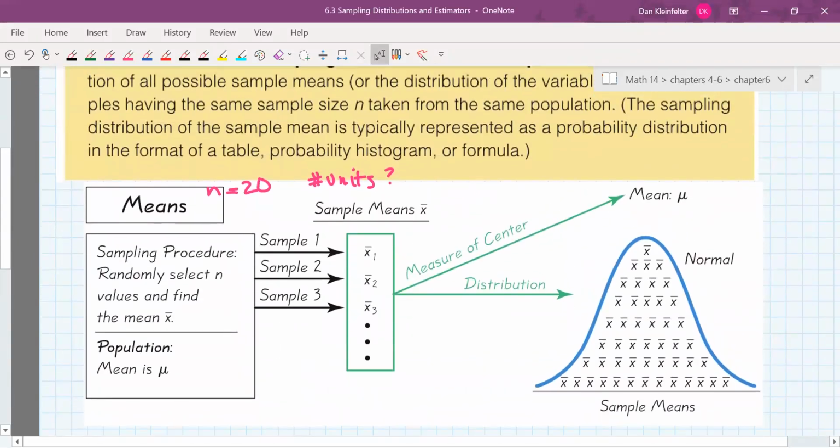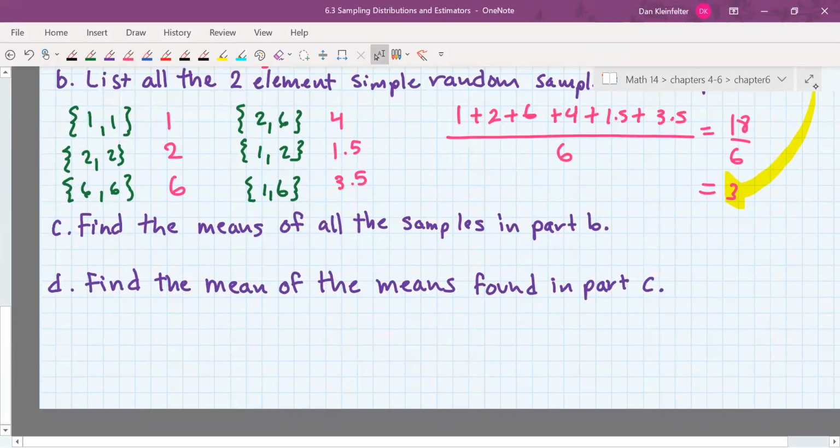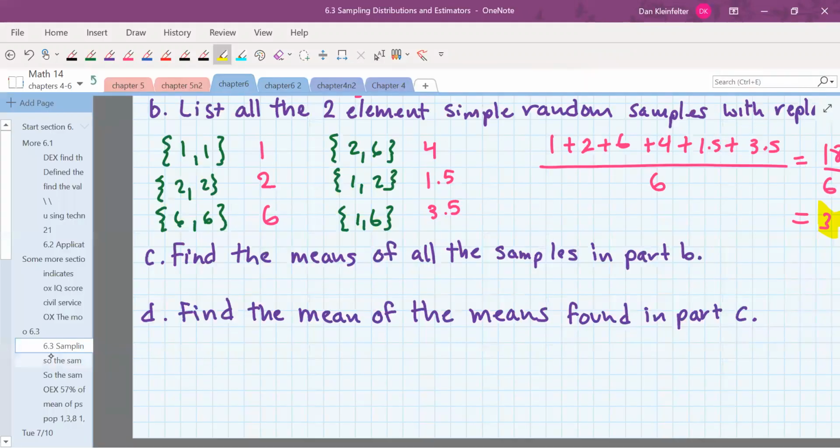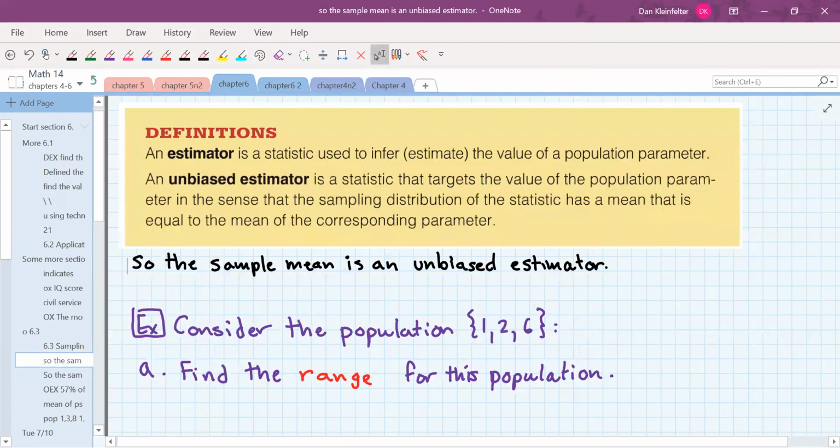If we take all the possible samples of a certain size and calculate their means, if you take the mean of those means, you're going to get the population mean. It turns out that that isn't true for every possible statistic.